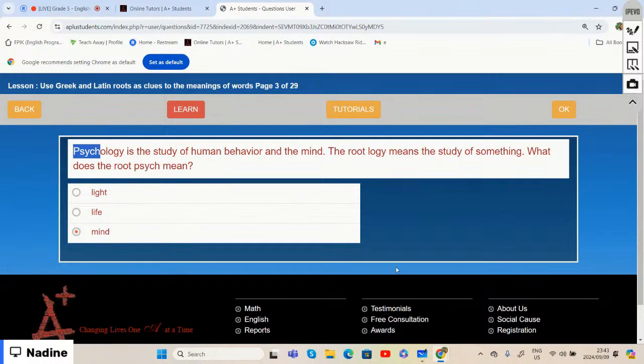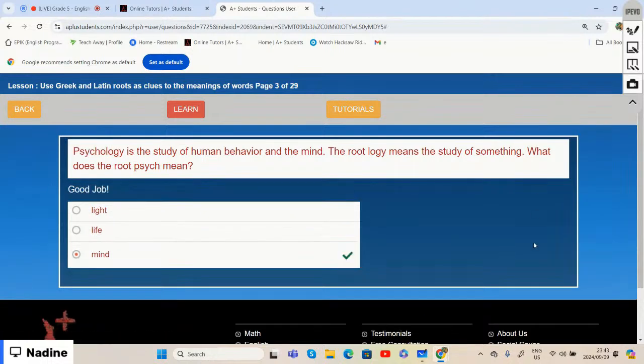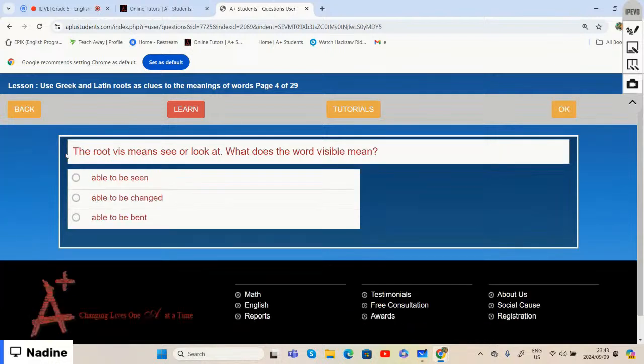Option three, mind. Well done. Mind is correct.